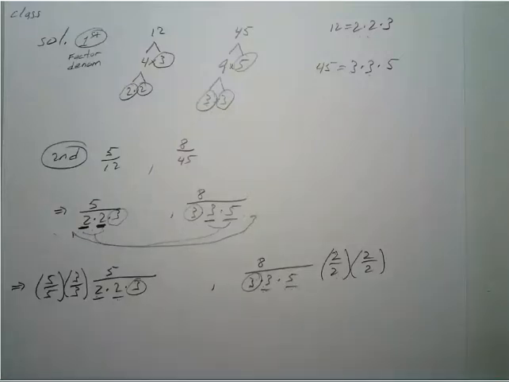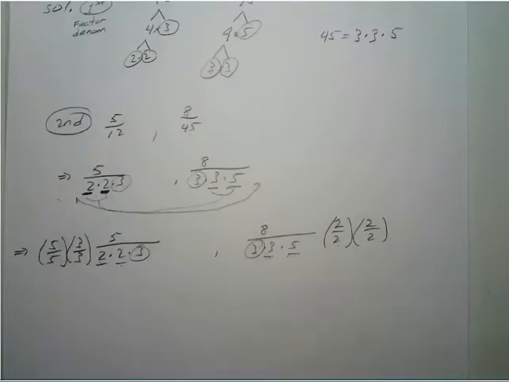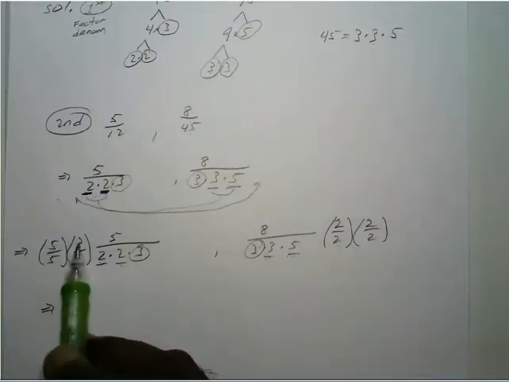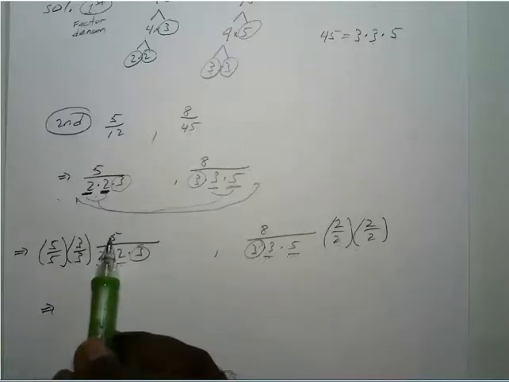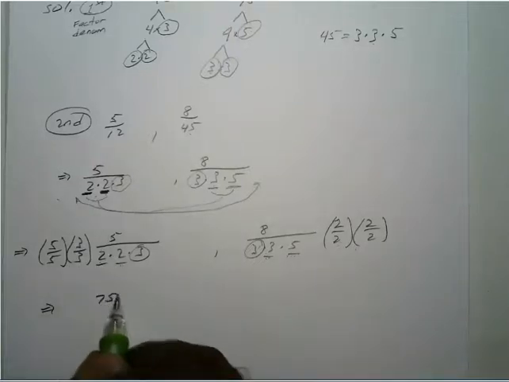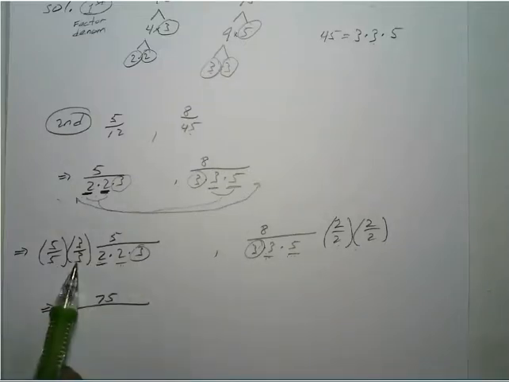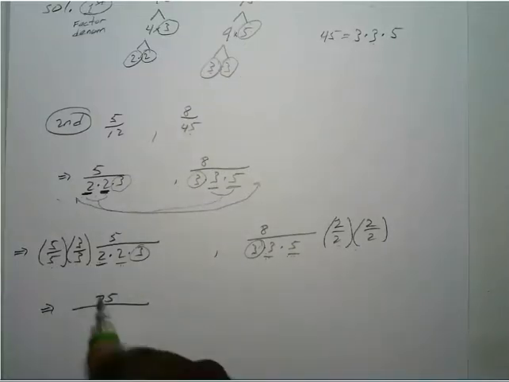So we can just go ahead and multiply our numerators and denominators and find our least common denominator. Okay, so 5 times 3 is 15. 15 times 5 is 75. Over 2 times 2 times 3 times 3 times 5, that actually becomes 180.